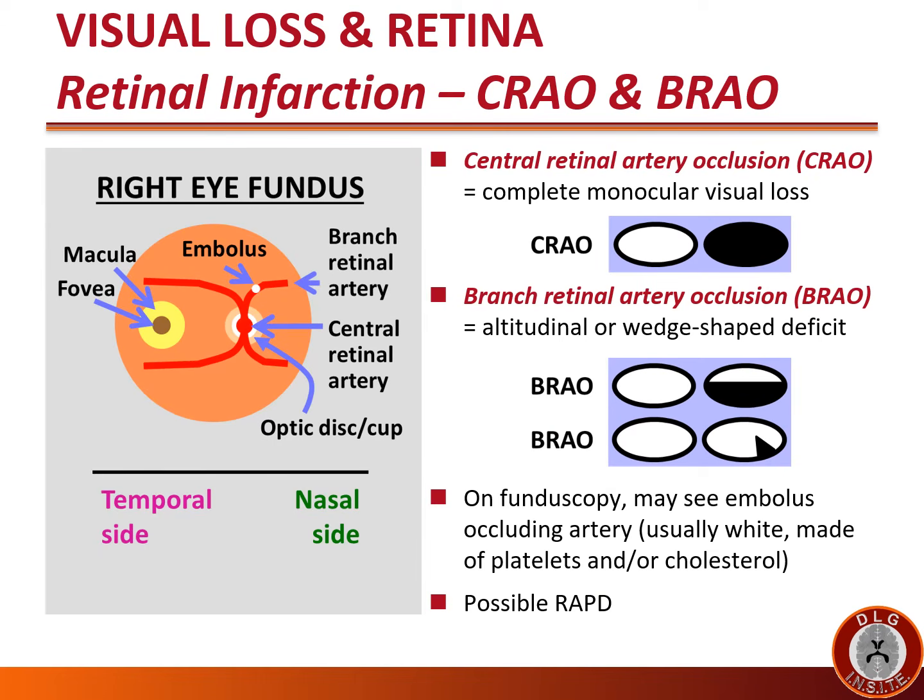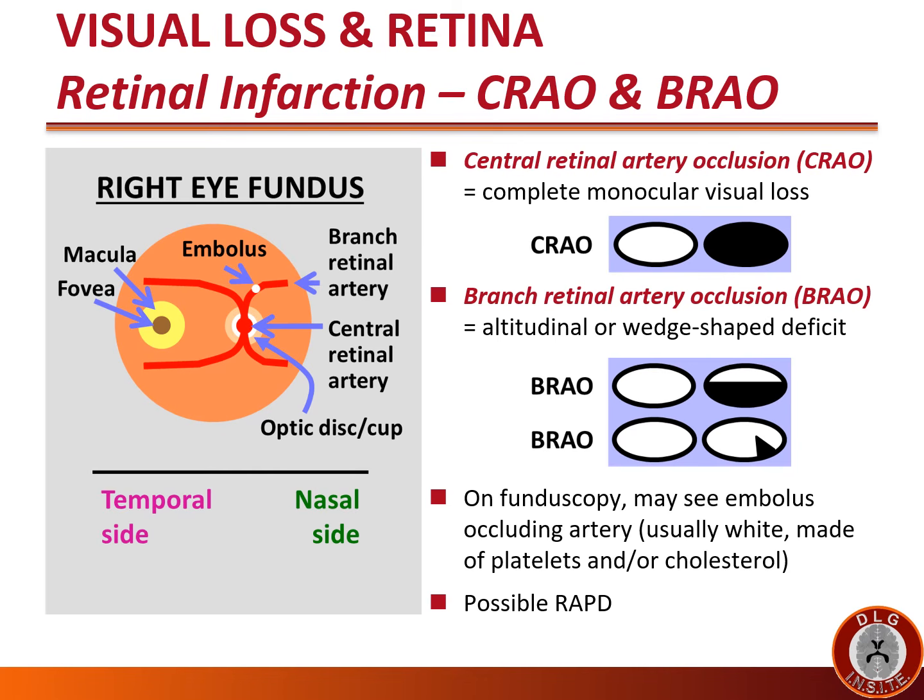Here let's look at the visual field deficits of patients with central retinal artery occlusion, CRAO, and branch retinal artery occlusion, BRAO. Most patients who have a central retinal artery occlusion will have a complete monocular visual loss in that eye. On the other hand, branch retinal artery occlusions result in either altitudinal or wedge-shaped deficits, depending on where the embolus occluded the artery.